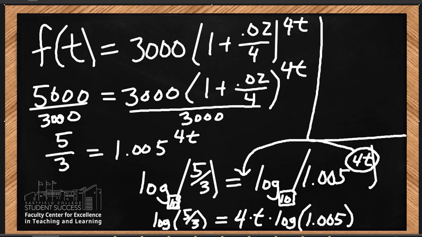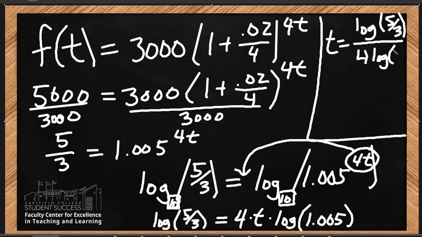If you work through and solve for t, what you can do is divide both sides by 4 and divide both sides by the log of 1.005. And what you're going to end up with is t equals the log of 5 thirds divided by 4, and then we also divided by the log of 1.005.